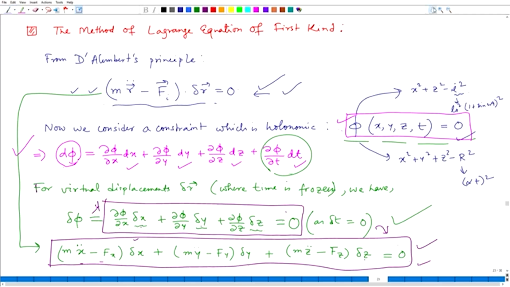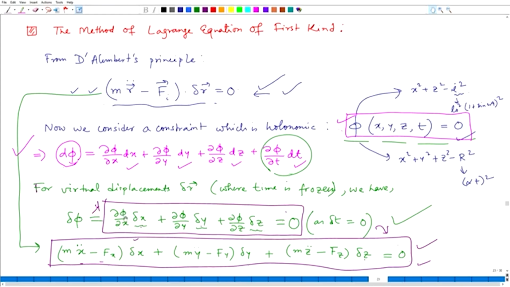So, mathematically, if you have two equations, one is like this and another is like this, since both of them are 0, instead of just saying that this plus this is 0, another more general possibility is that you write some constant times this one plus some constant times this one is also 0.